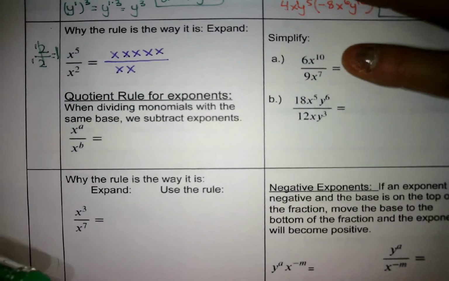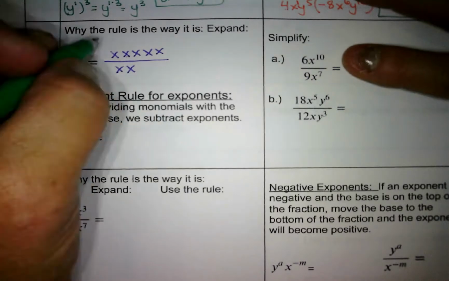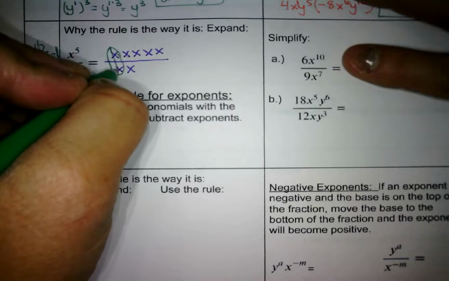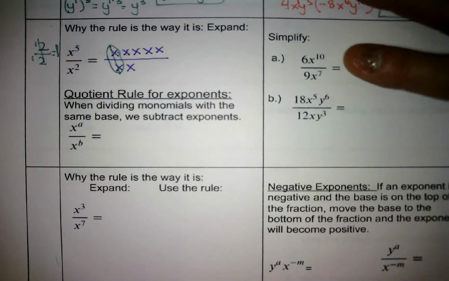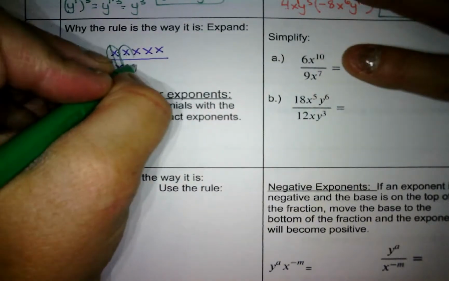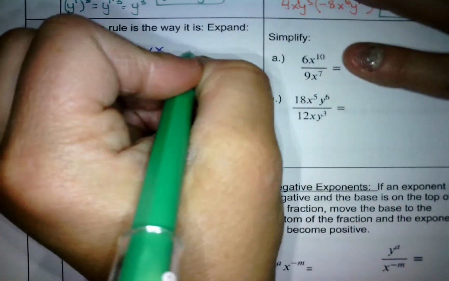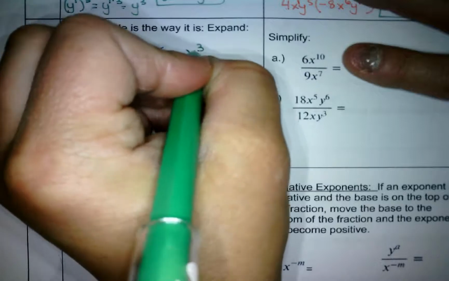So what I can do here is I can divide. X divided by x cancels, and it equals the number 1. And I am left with just x to the third power over 1, which is just x to the third power.